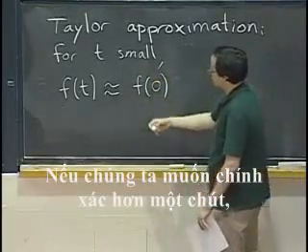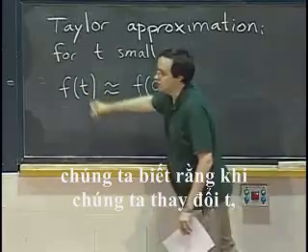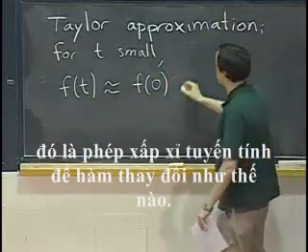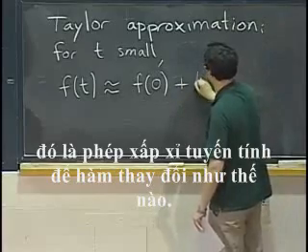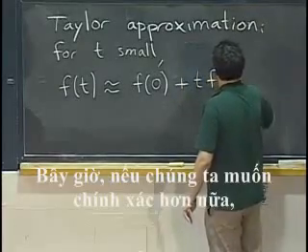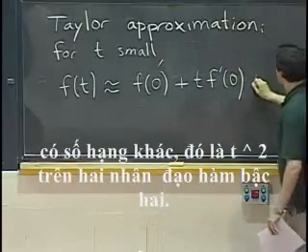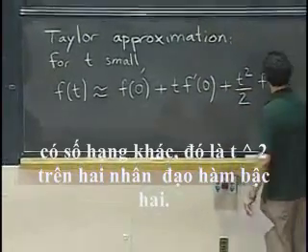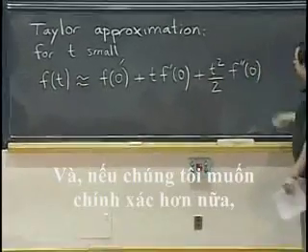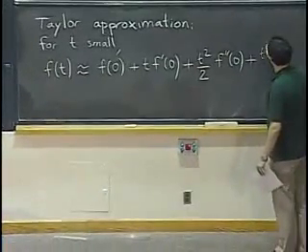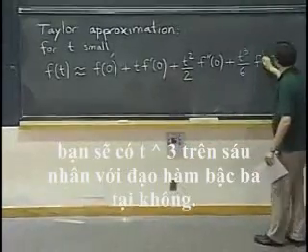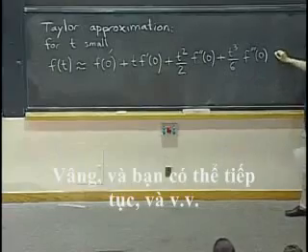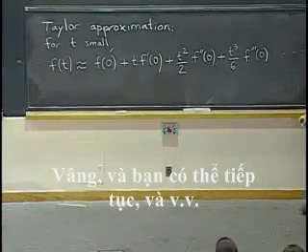If we want to be a bit more precise, we know that when we change by t, t times the derivative comes in. That's the linear approximation to how the function changes. Now, if we want to be even more precise, then there's another term, which is t squared over 2 times the second derivative. And if you want to be even more precise, you'll have t cubed over 6 times the third derivative at 0. You can continue and so on, but we won't need more.